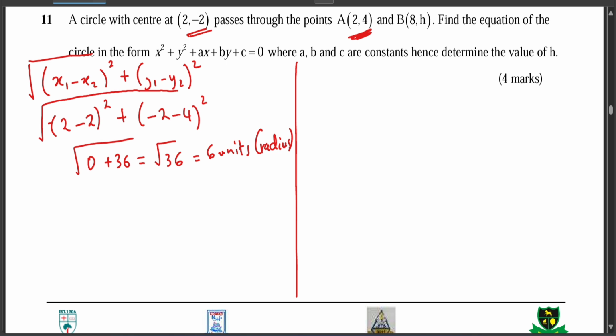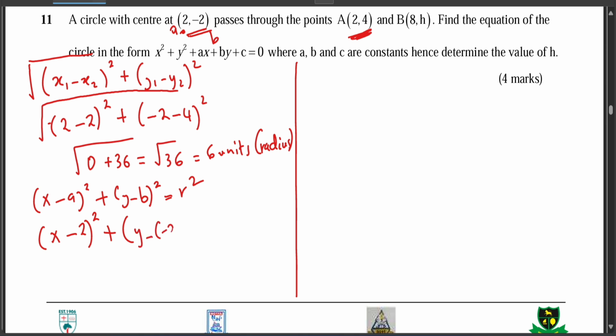Sawa. So we know our radius, and we also know that your equation generates from this x minus a squared plus y minus b squared, which is r squared. So your x value, we usually write it as unknown, so minus your center, which is 2 minus 2 squared plus y minus b, this is your a, this is your b, so y minus -2.